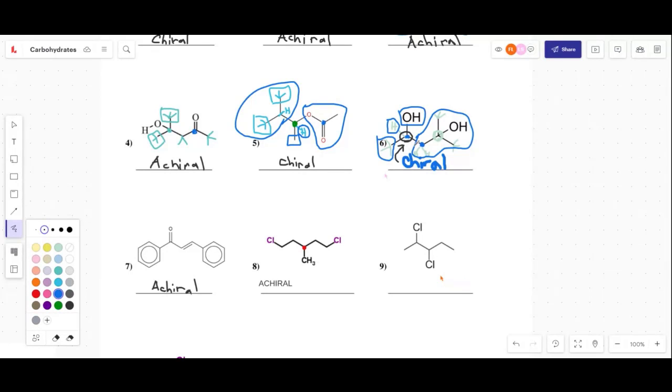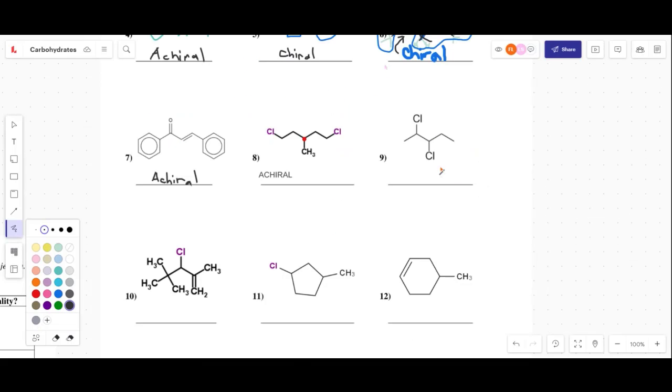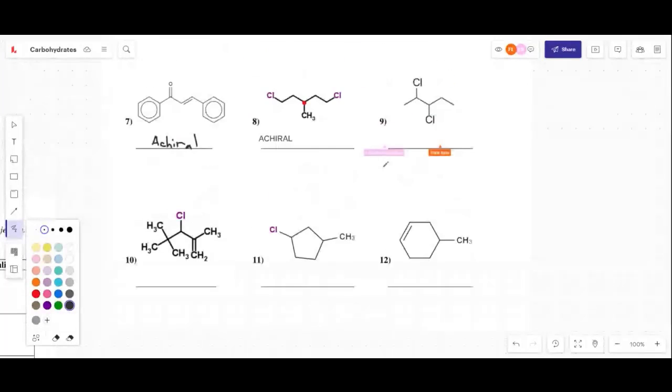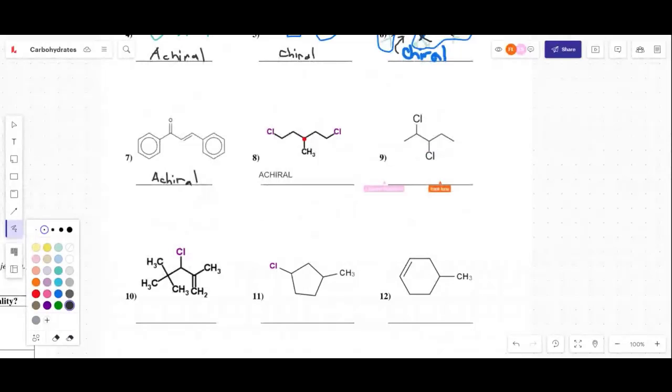That is your chiral carbon because it's bonded to 4 different groups. This one in the middle was not chiral because it had 2 hydrogens attached to it. All right, cool. All right, do you feel like you've got a pretty good understanding of this chiral carbon stuff?